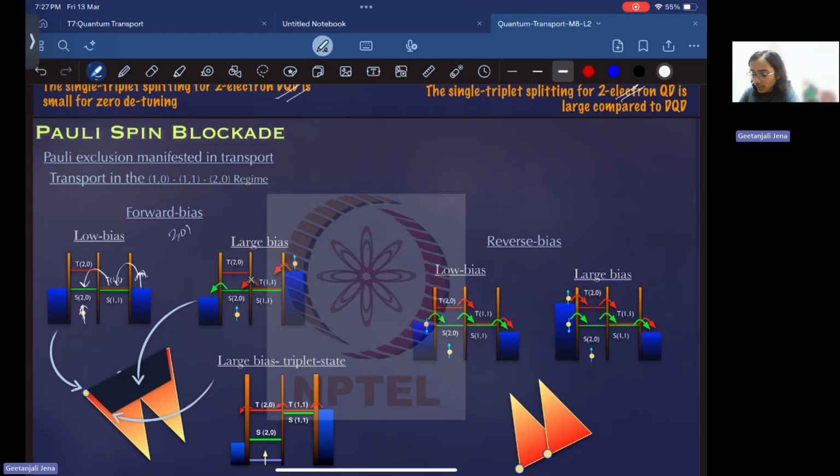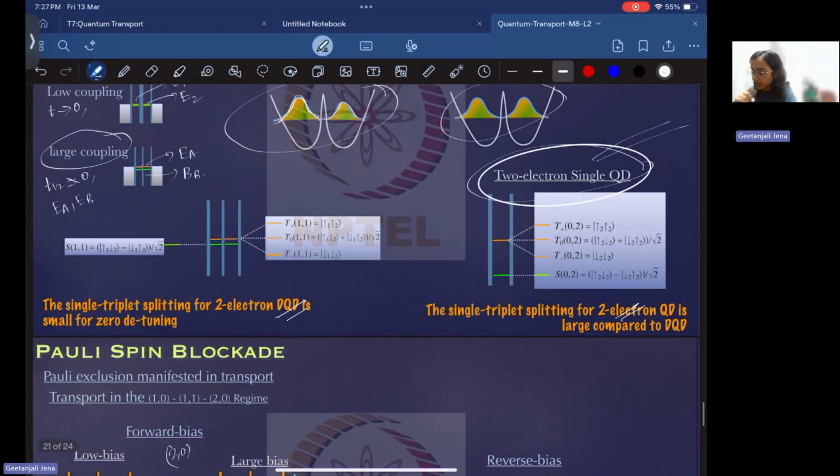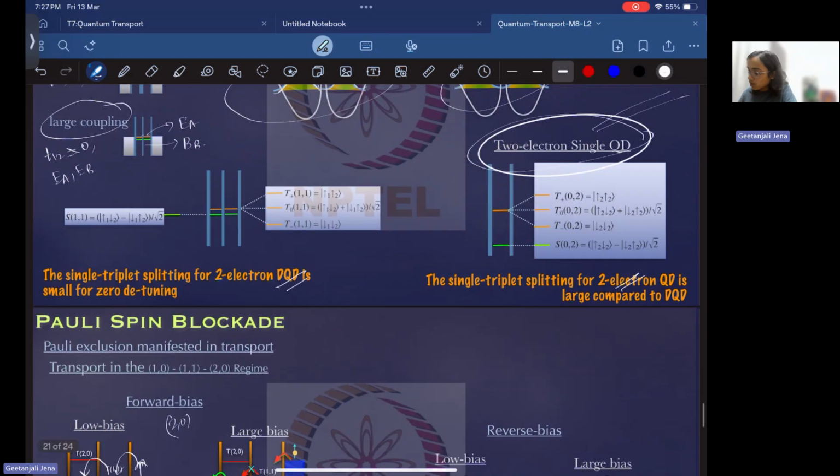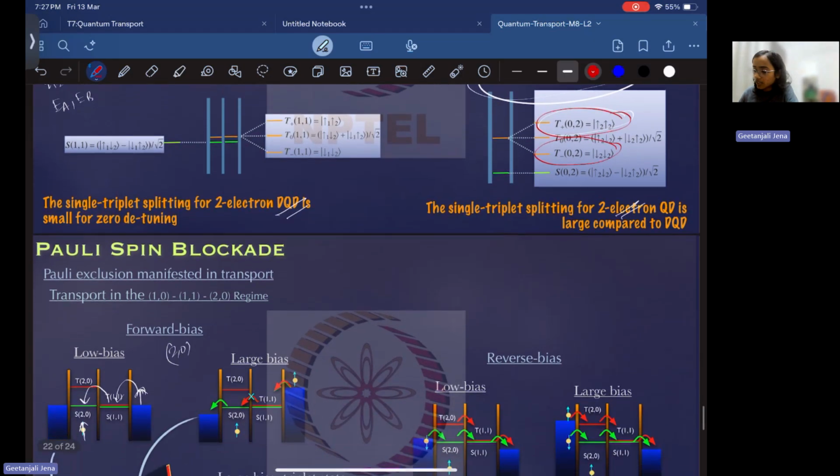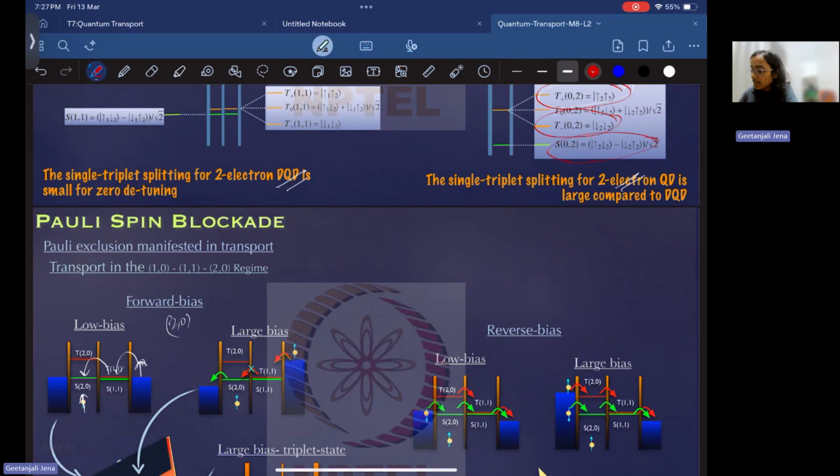And for the 2 0 state, if you look at the eigenstate, only the triplet state will allow two spin up or two spin down states to occupy the energy level. In the singlet state, the spin should be flipped.